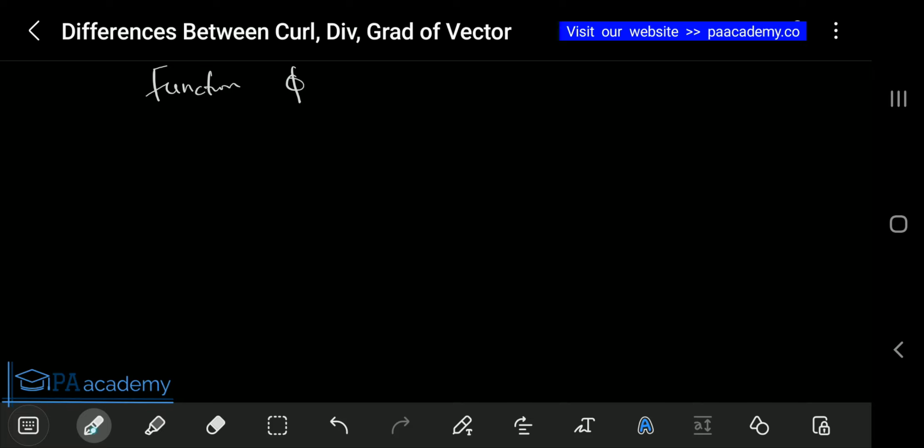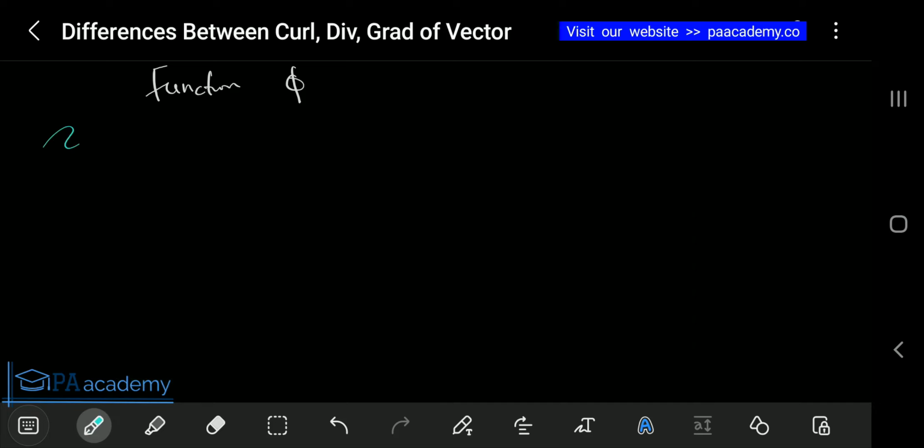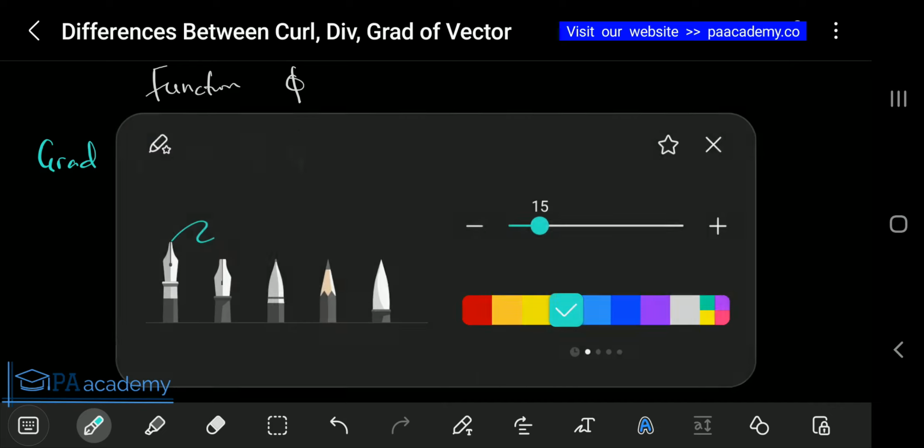So if you are asked to look for the grad of phi, you need to know the notation. It is always represented with this. So this is for grad of phi.